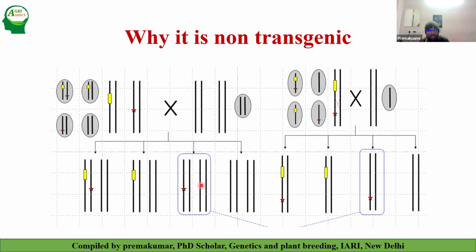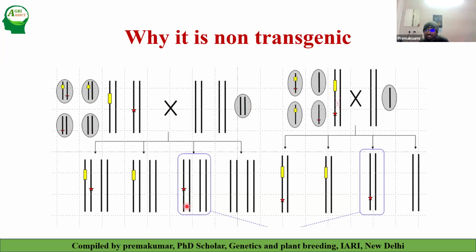NHEJ means it does not have any external template. Or it may introduce a small template, which is also non-transgenic. But it may also introduce a large chunk of DNA into the background of the genome, and then it will become transgenic. But normally, why is it not transgenic? Because you are changing only a few nucleotides. Why?